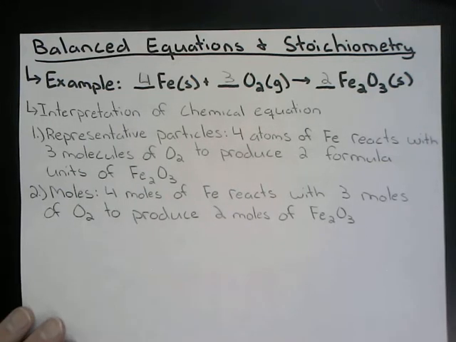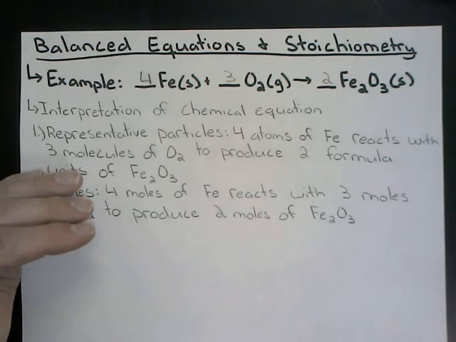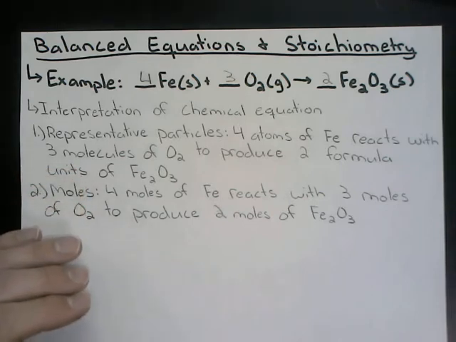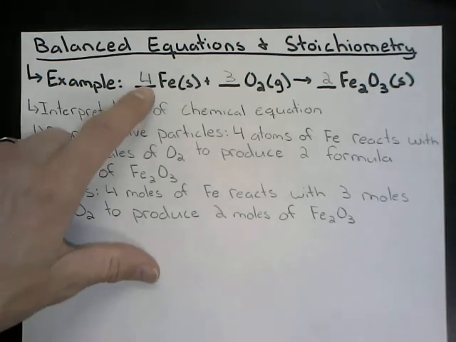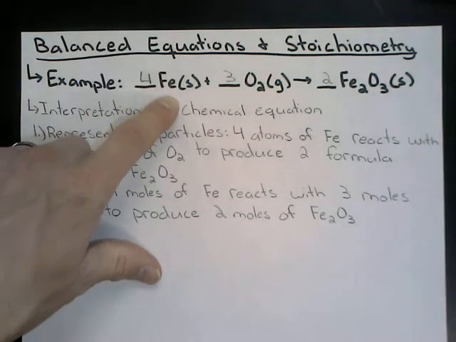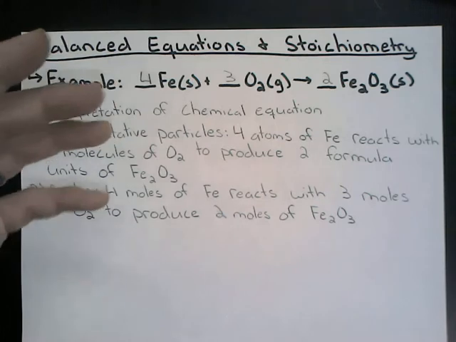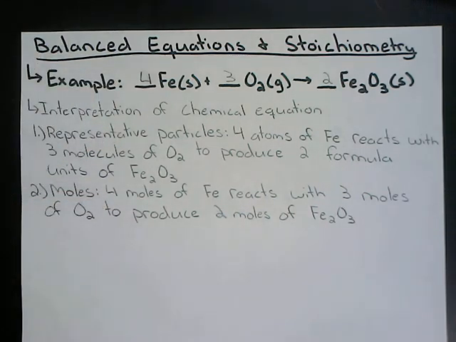The point of this is that our number of representative particles and moles can be interchanged. When we have this coefficient, it's not only representing the number of particles or atoms, in the case of iron, it's also representing the number of moles. And that is very important as we go forward throughout the rest of this year.